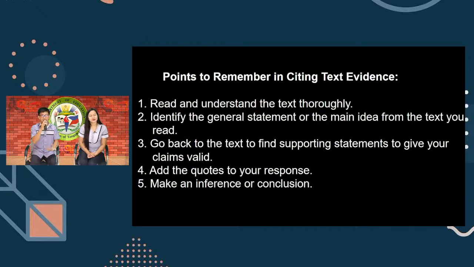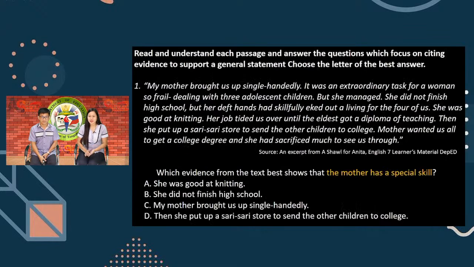Her job tided us over until the eldest got a diploma of teaching. Then she put up a sari-sari store to send the other children to college. Mother wanted us all to get a college degree, and she had sacrificed much to see us through. Okay, that's correct. So we have indicated there the source. This is actually an excerpt coming from A Shawl for Anita, English 7.